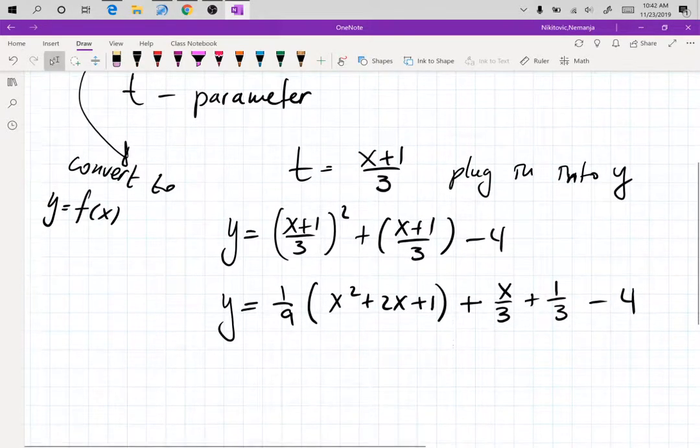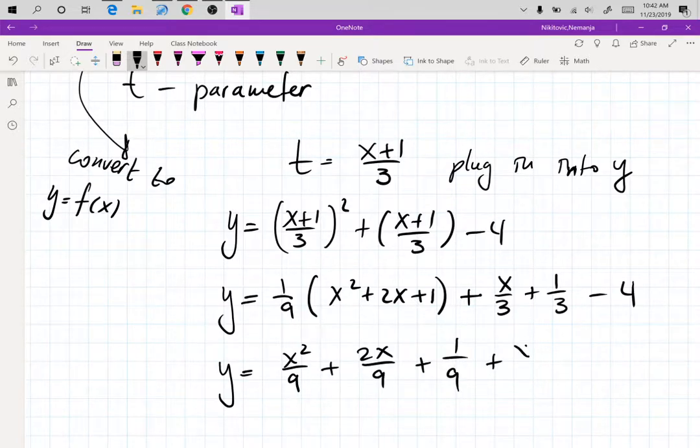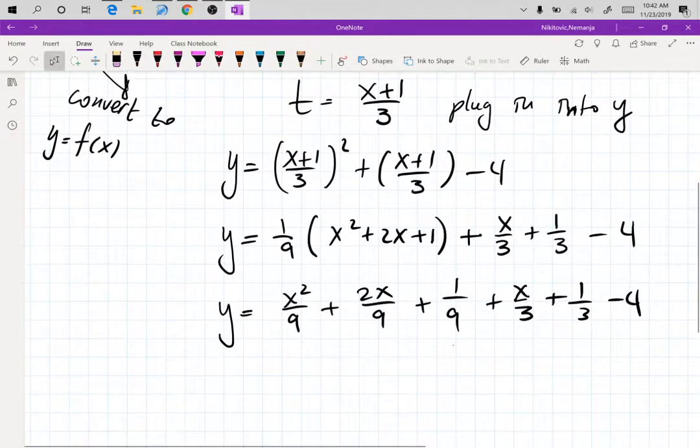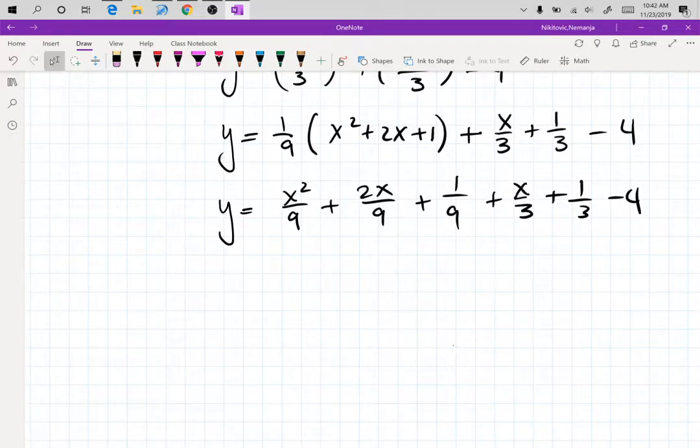So now you have y equals x squared over 9 plus 2x over 9 plus 1 over 9 plus x over 3 plus 1 over 3 minus 4. Find the common denominator of 9 so that you can add all of the values.